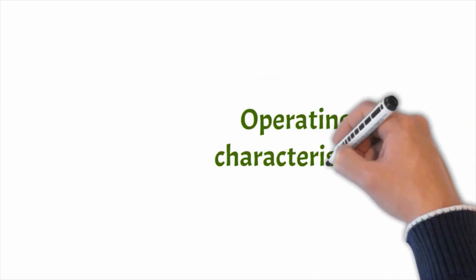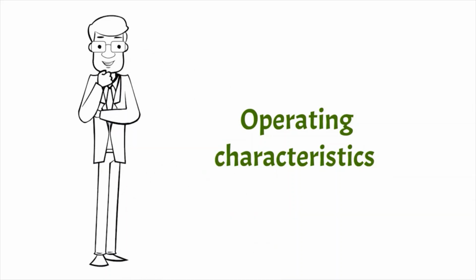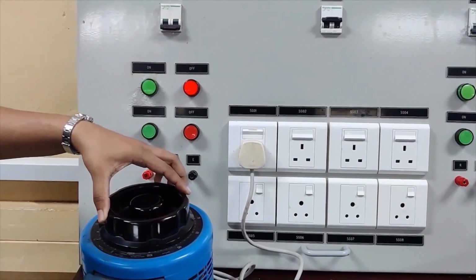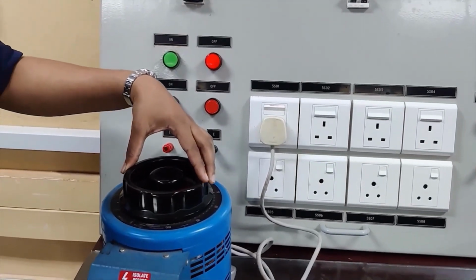Operating characteristics. Obtain operating times for currents starting from pickup to 6.5 amperes. First, power up the circuit. Increase the variac output until the ammeter reads less than the pickup value.